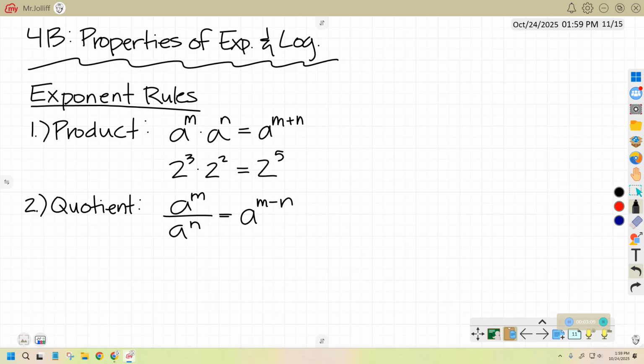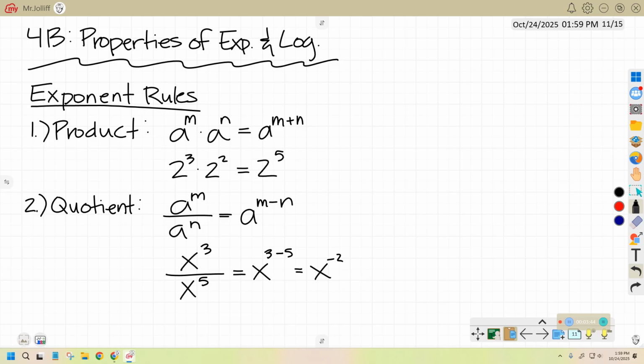Good. So for example, I had x to the third over x to the fifth. That becomes x to the top exponent minus bottom exponent, which is -2. Very good, x to the -2.